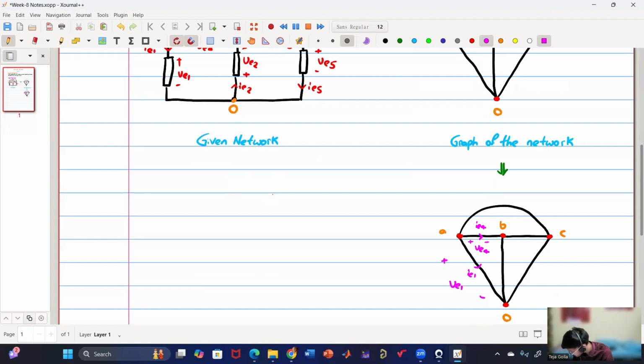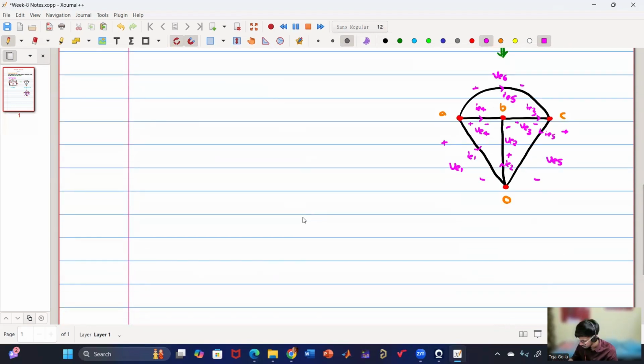Here IE2 is flowing from bottom to top, plus minus VE2. Then IE3 with VE3, and similarly the current IE5, plus minus VE5. Basically, I am adding all the current and voltage information. So this is called the directed graph of the network.